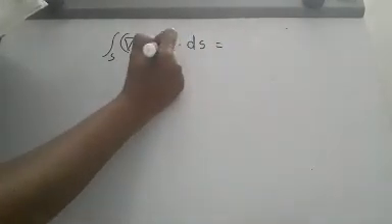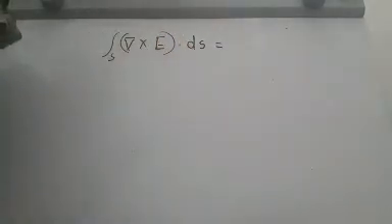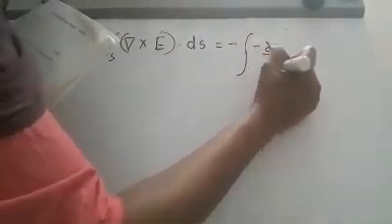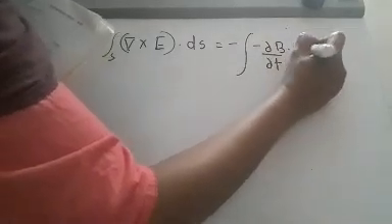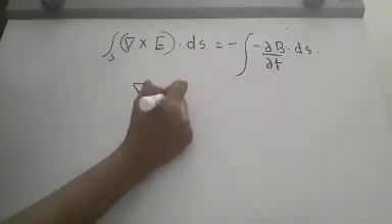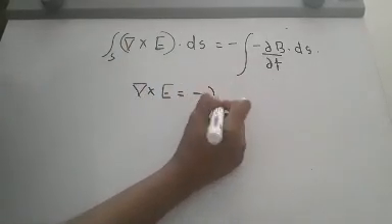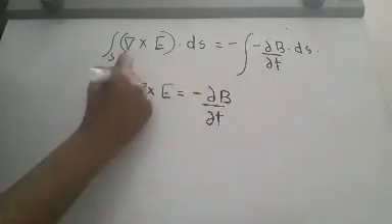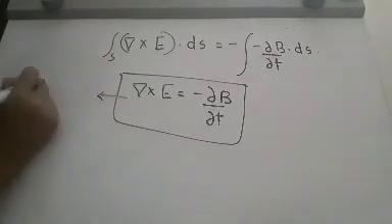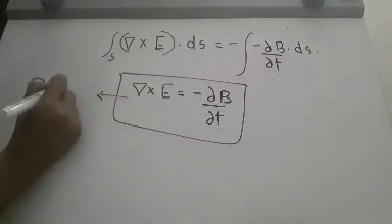The surface integral of del cross E dot dS is equal to minus of the surface integral of dou B by dou t dot dS, so del cross E is equal to minus dou by dou t of B. This is Maxwell's equation 2 in differential form.